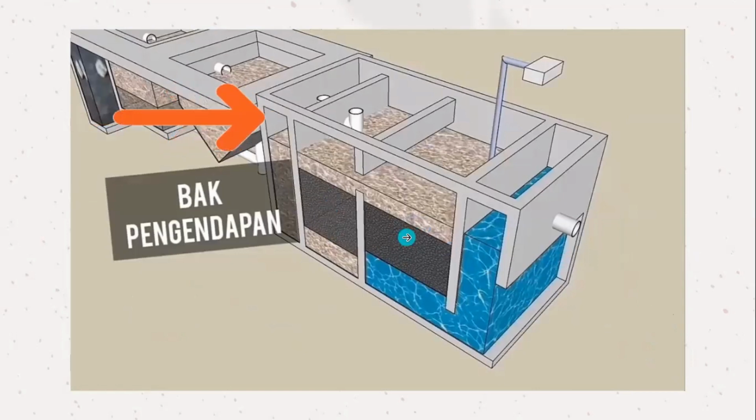The decomposition of organic substance in wastewater is carried out by anaerobic or facultative aerobic bacteria. After several days of operation, a film of microorganisms will grow on the surface of the filter media that will decompose organic matter that has not had time to decompose in the settling tank.